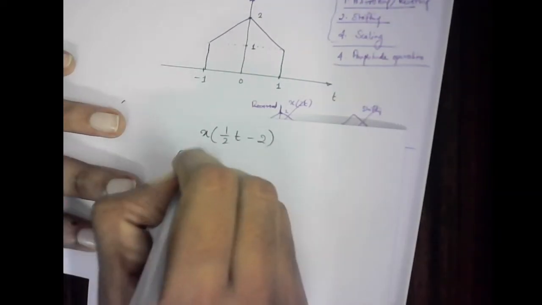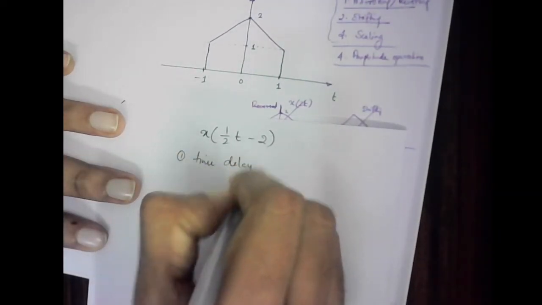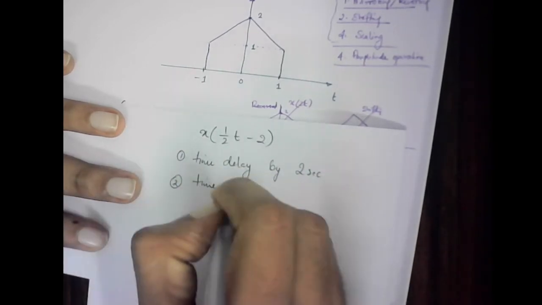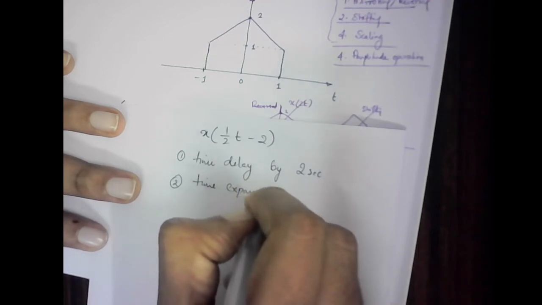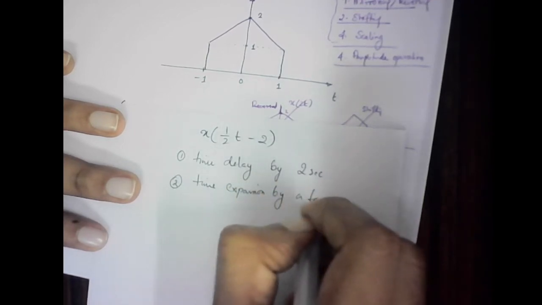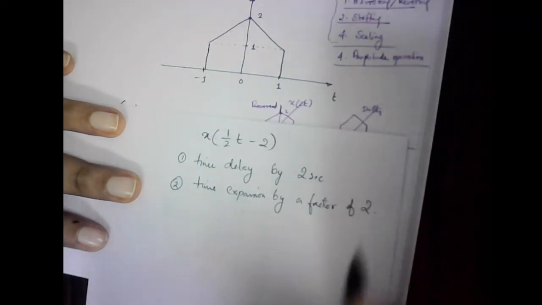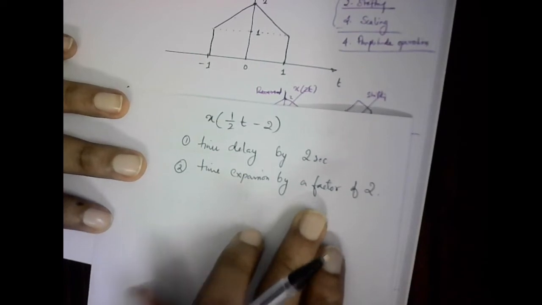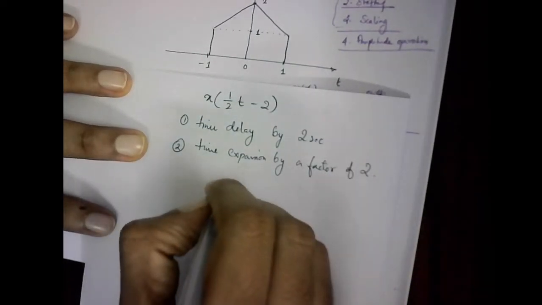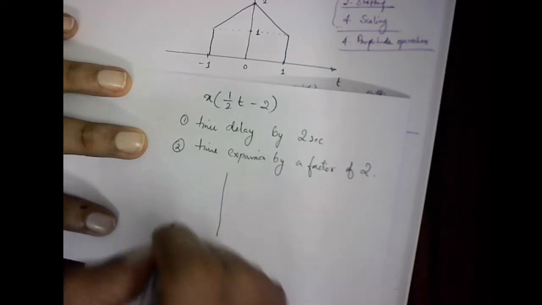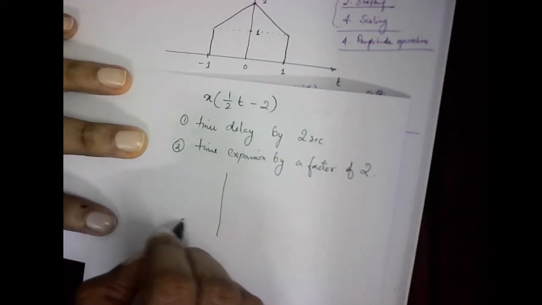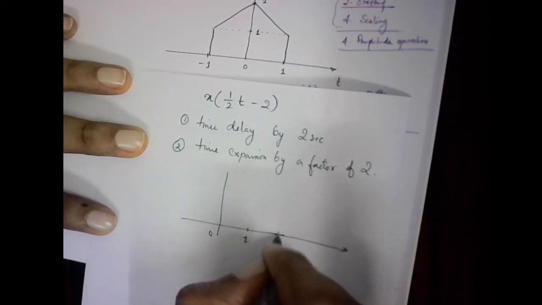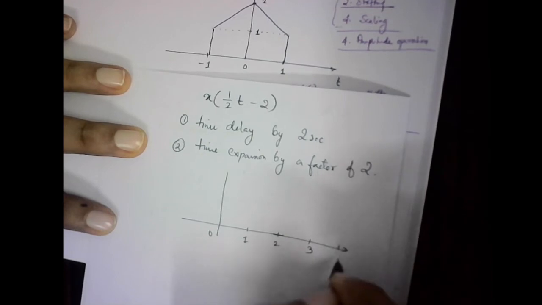So first operation, time delay by 2 seconds. Second operation, time expansion by a factor of 2, because you have 1 by 2 as the time scaling component. So let me try to do the first operation, which is time delay by 2 seconds. So this is 0, this is 1, 2, 3, 4.